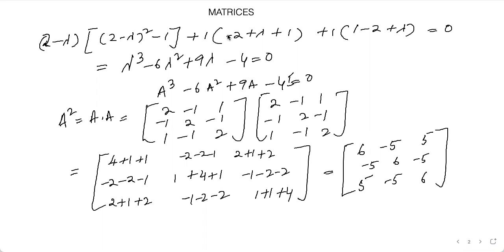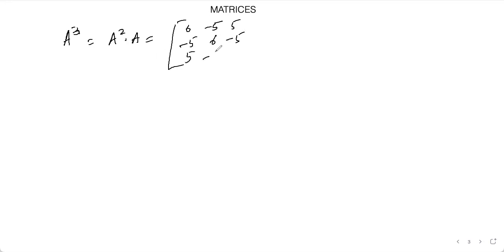Now let us find what is A cube. A cube will be A square into A. A square we got as 6, minus 5, 5, and minus 5, 6, minus 5, and 5, minus 5, and 6, right?